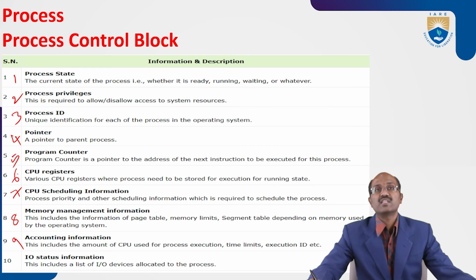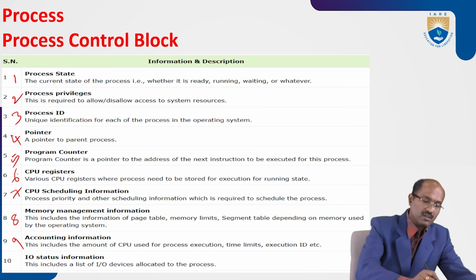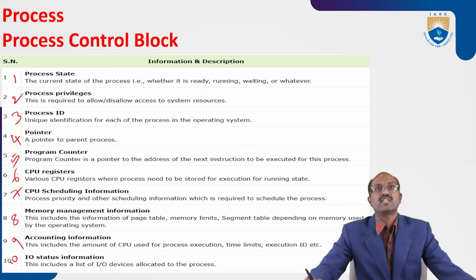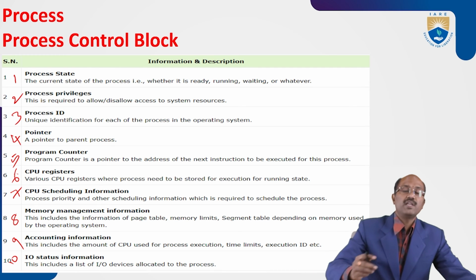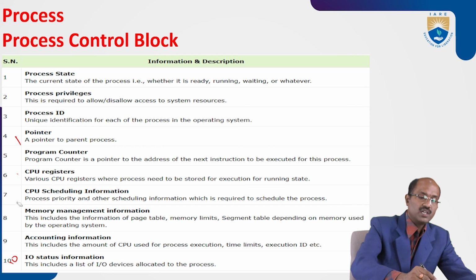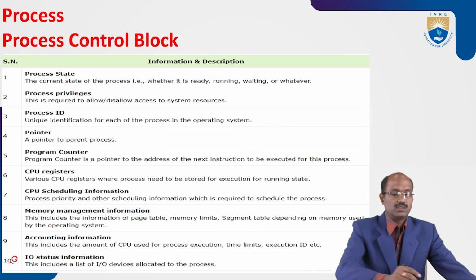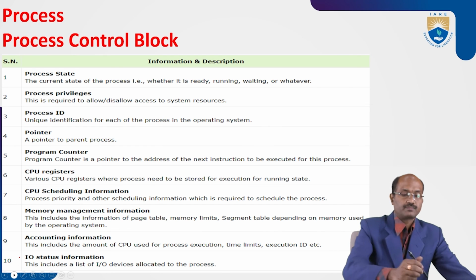Finally, the tenth one is input output status information. This includes the list of input output devices allocated to the process. This is the complete detailed information about the process control block.